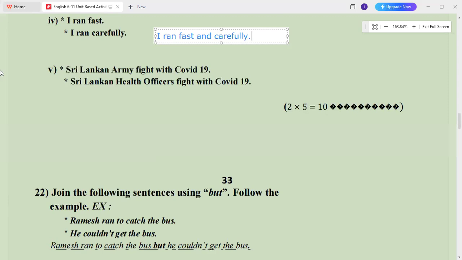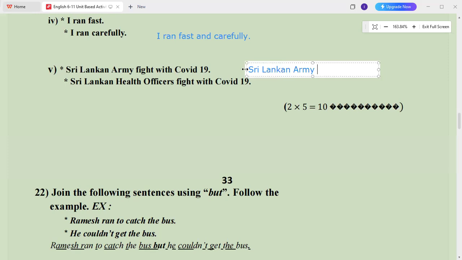And next one we can talk, Puthe. Sri Lankan army fight with COVID-19. Sri Lankan health officers fight with COVID-19. Now here there is a similar part, right? So by the use of these similar parts, we can make this utterance like this, right?